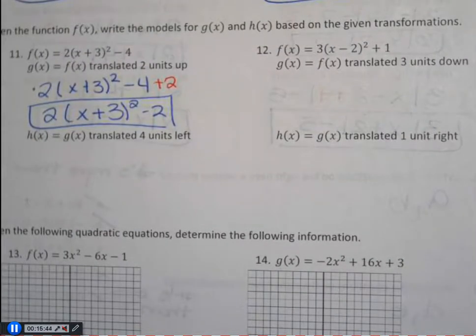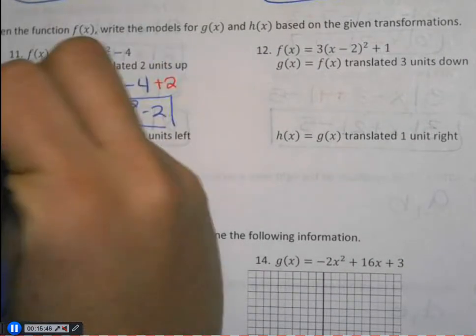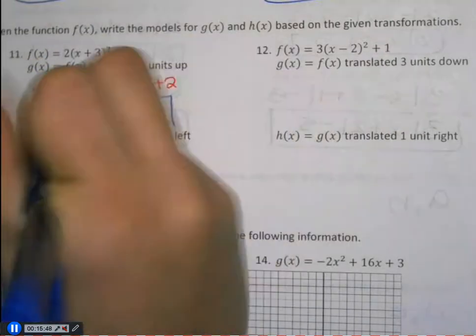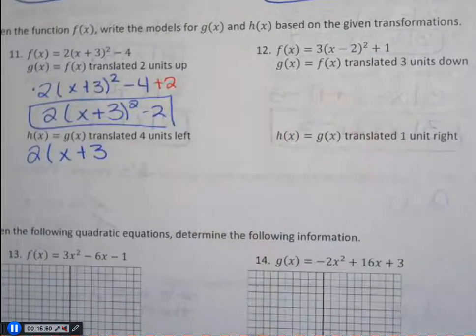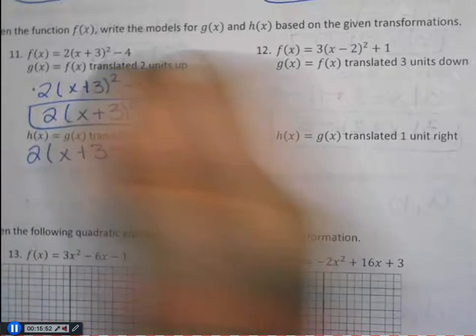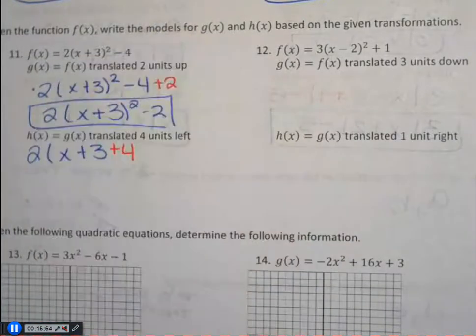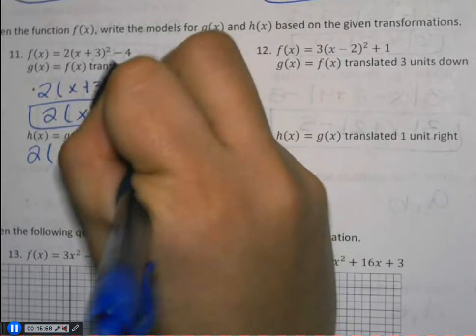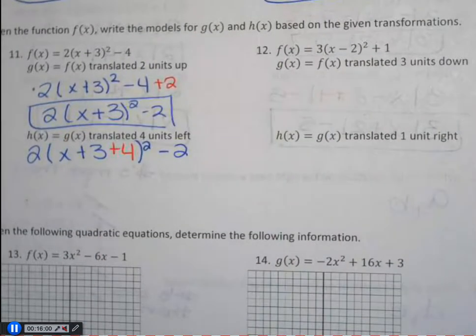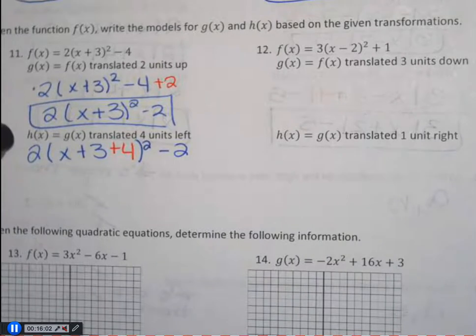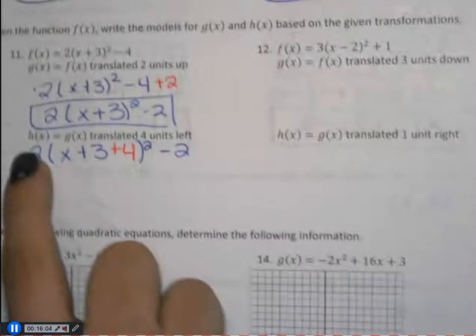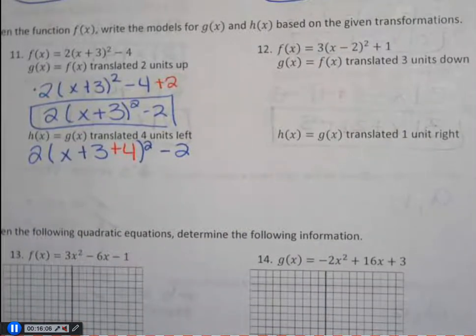Okay, so then the next one I'm moving 4 units left. That changes on the inside. I add 4 on the inside, because left is normally negative, so I want to go opposite. I use the one I solved before, g of x, because it says h of x equals g of x, so that tells me which one I need to change.